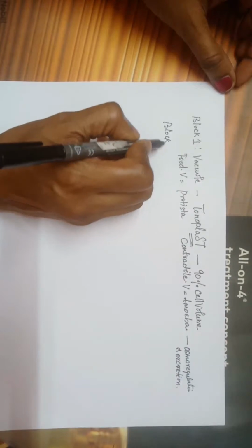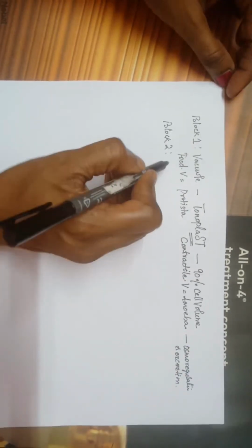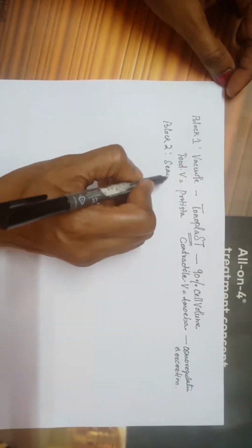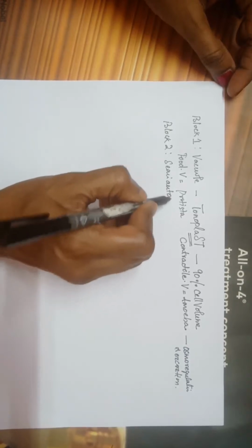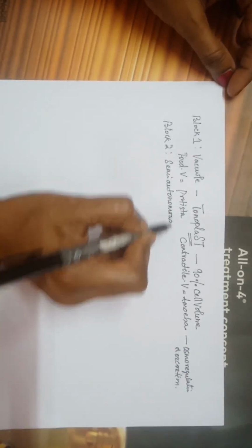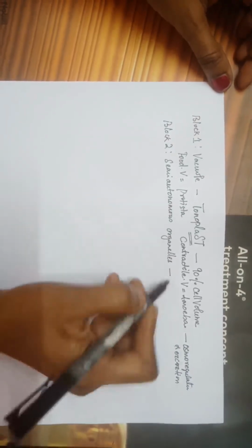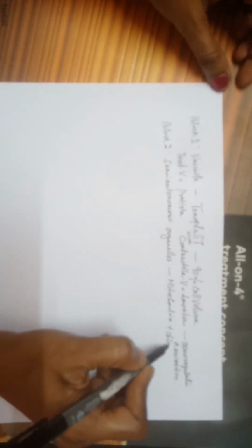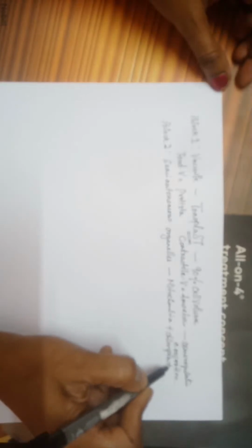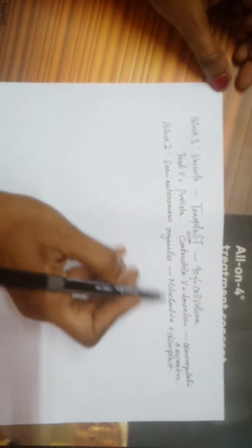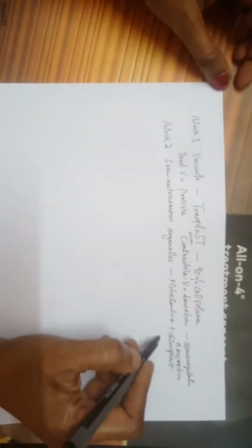Next, you have block 2. What are the organelles? Semi-autonomous organelles. What are those two organelles? Mitochondria and chloroplast. Next, what are the similarities both organelles have?